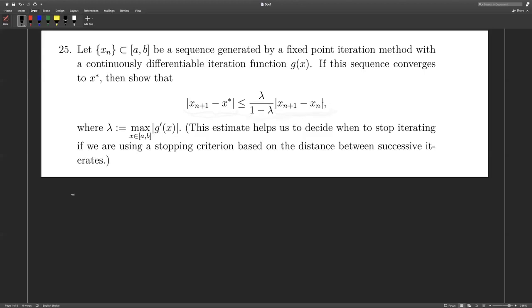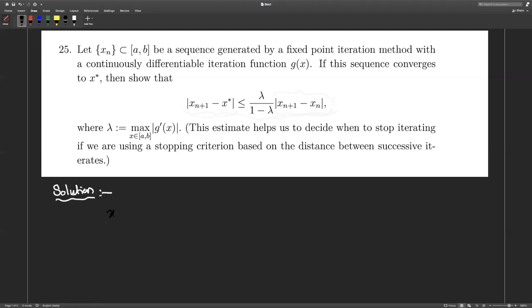And hence, if you can make sure that this is less than or equal to, say, epsilon, then our mathematical error automatically becomes less than or equal to epsilon, right? And hence our tolerance is reached. So in that way, this inequality is very important to justify that we can use Cauchy criteria as a valid stopping criteria. Let's see how to prove this inequality.